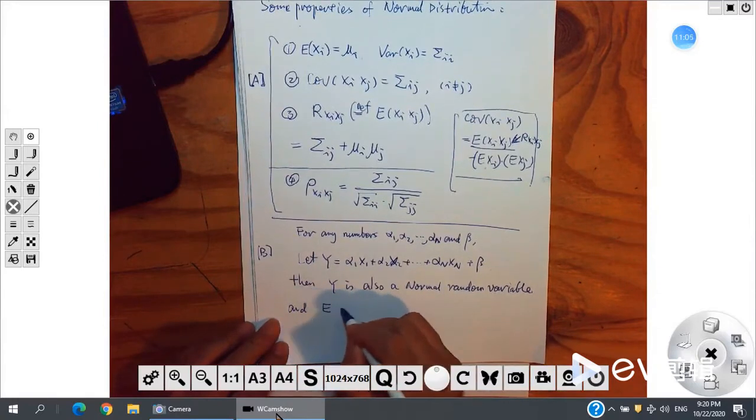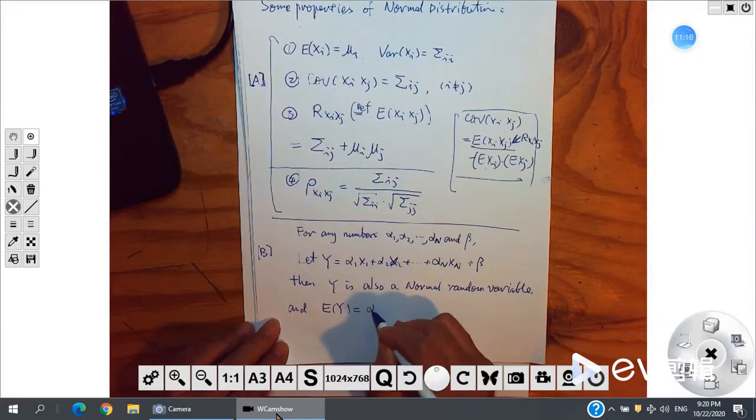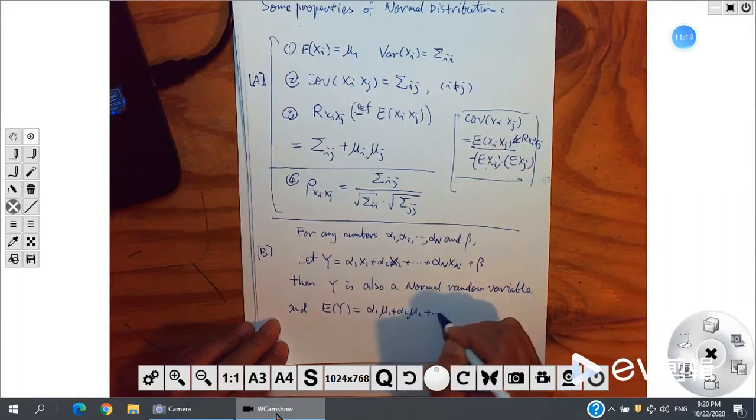E of y equal to alpha 1 mu 1 plus alpha 2 mu 2 plus alpha n mu n plus beta.